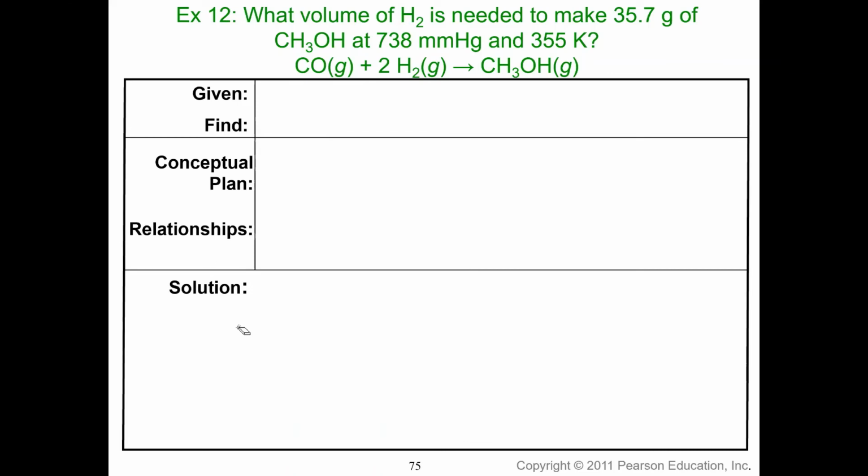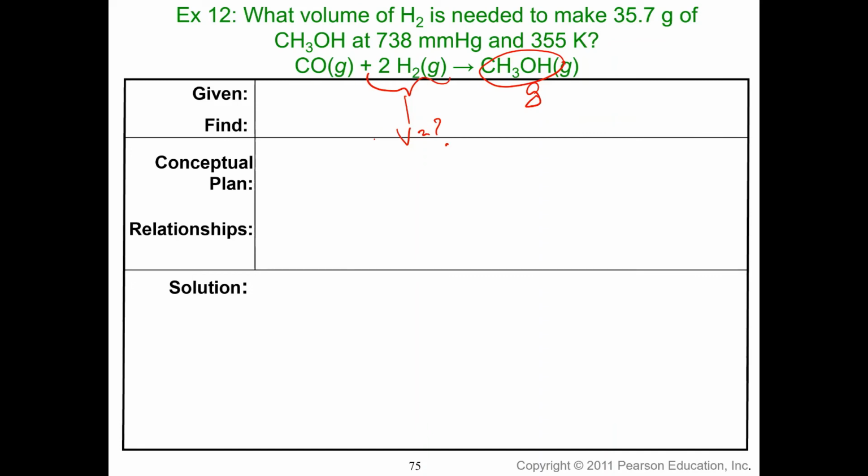You look at the chemical reaction here, they are giving you grams of product, and they're asking what volume of this you need. So for one of the product or reactant you are given grams, and for the other one they are asking for volume.